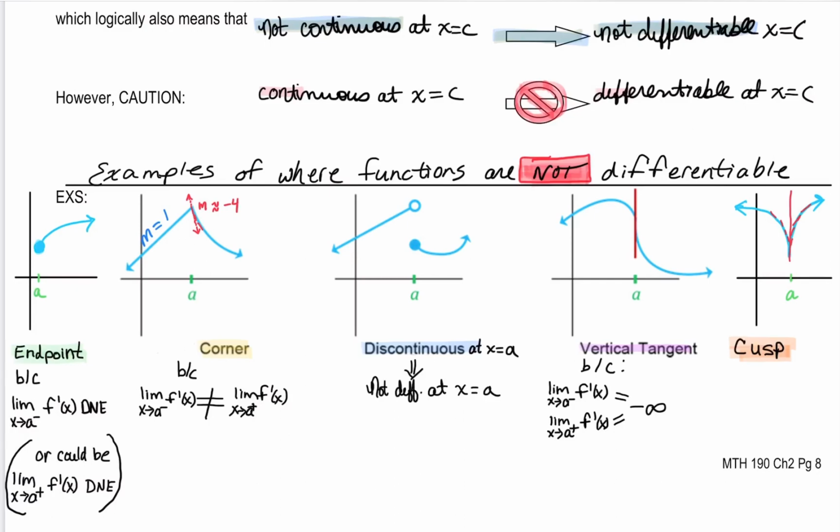That's not a real number. That's undefined. As a slope, we'd say it's undefined in basic algebra days. And so for this limit, it's going to negative infinity. It doesn't exist. So f prime would not be defined at x equals a.